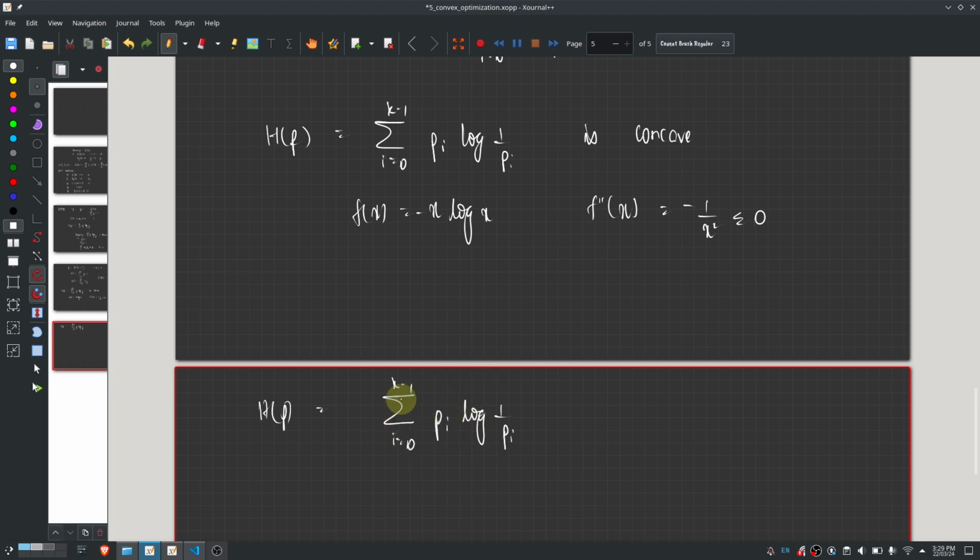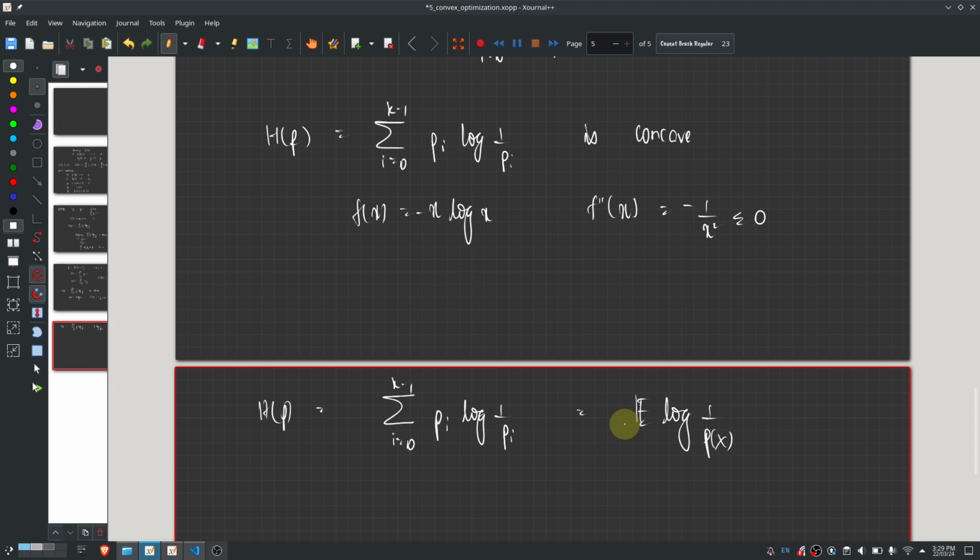If you look at this particular expression, one way of interpreting this is that it is actually equal to the expectation of log 1 over p of x.